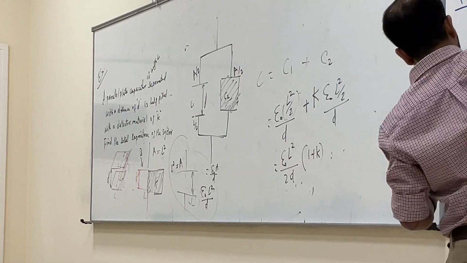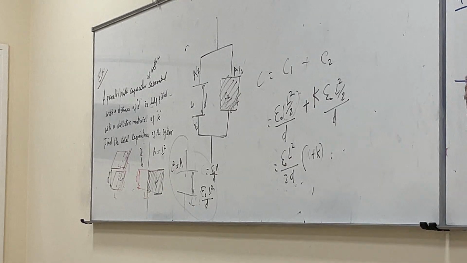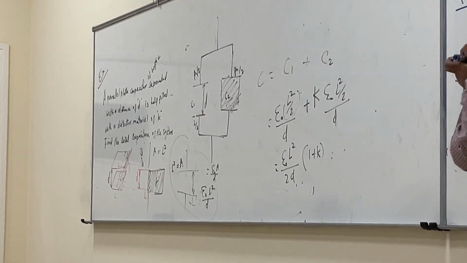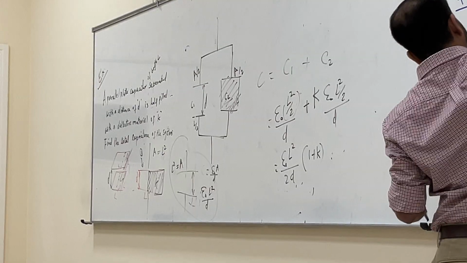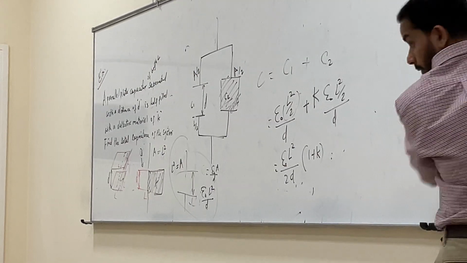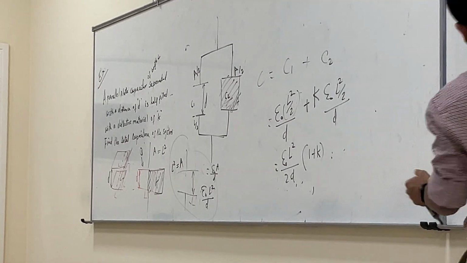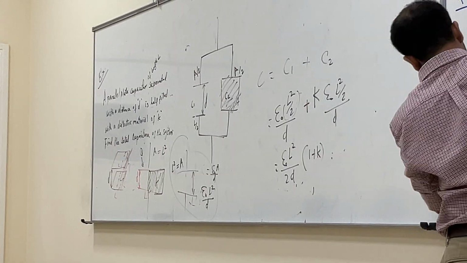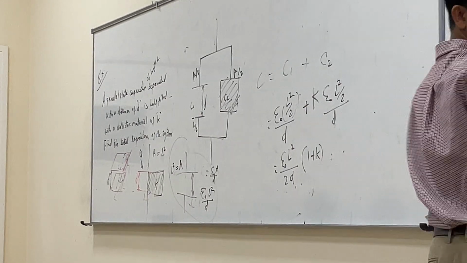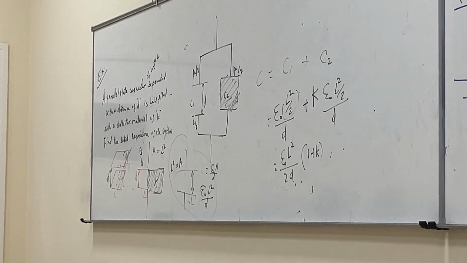Whenever I have a dielectric material between these two plates, definitely I will have negative charge at the edges, like we see the dipoles form. This is really, really interesting.